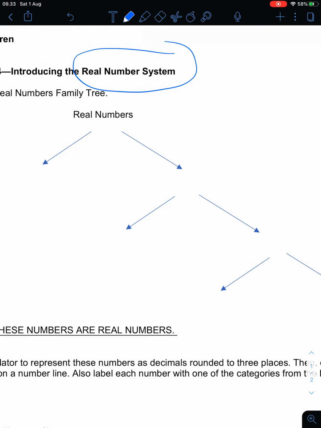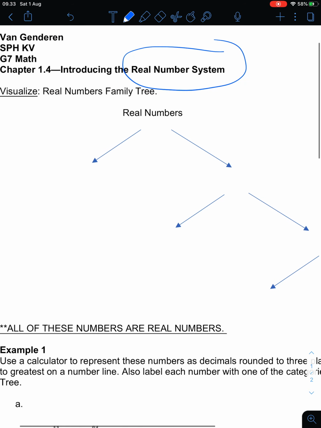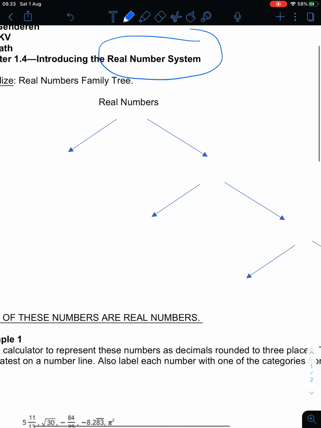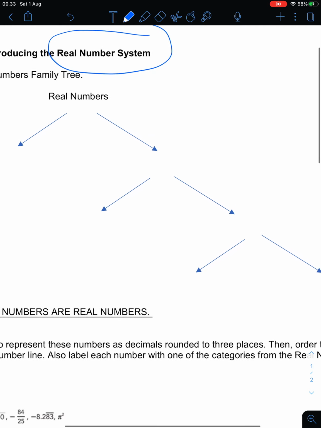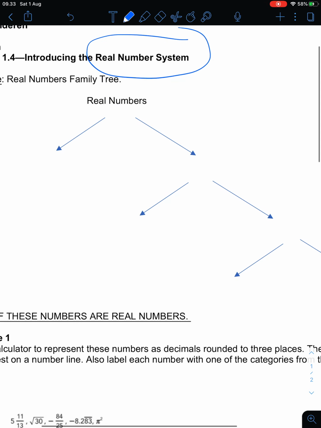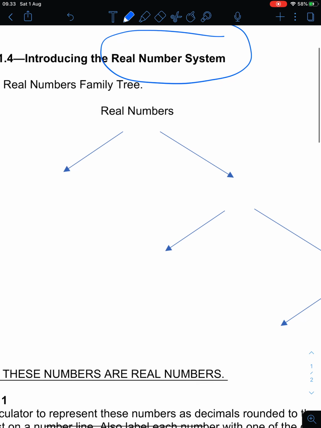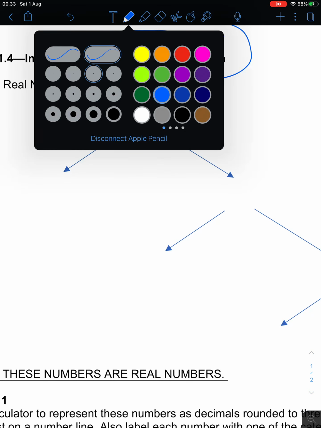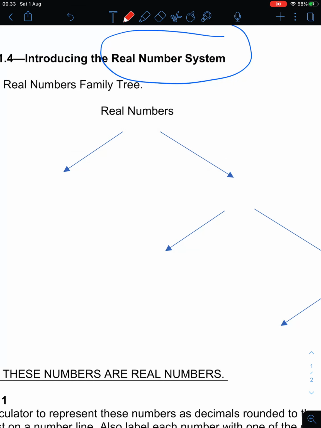And we've talked about rational numbers, irrational numbers, fractions, decimals, integers, terminating decimals, repeating decimals, all these different things. And I just want to put them all together for you just so you guys can see where they all fit with each other. So in the real number system, we have two kinds of numbers.